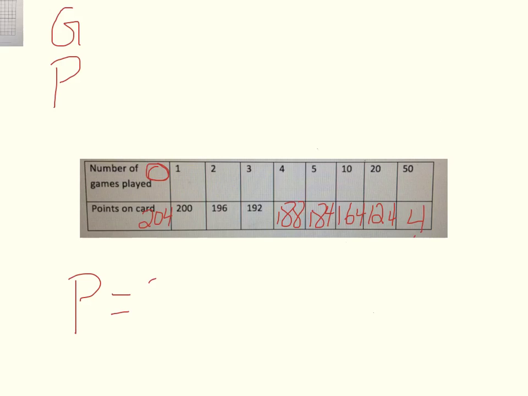So the points start at 204, and every time I play a game, I use 4 points, so I use 4 points per game I play. Again, you don't have to have the parentheses in there, but you can choose to if you'd like.